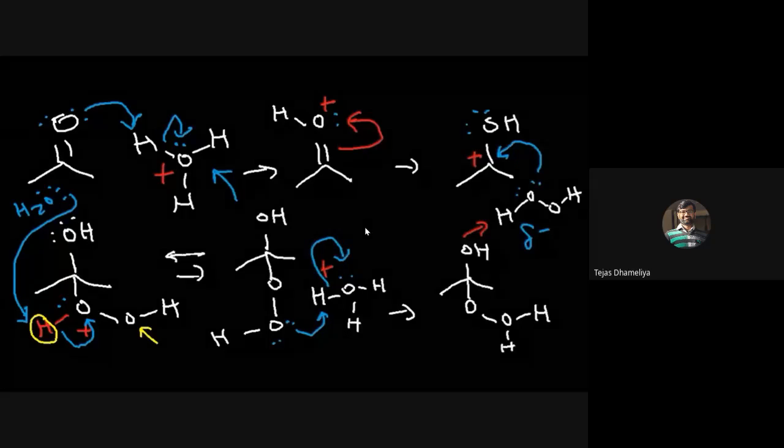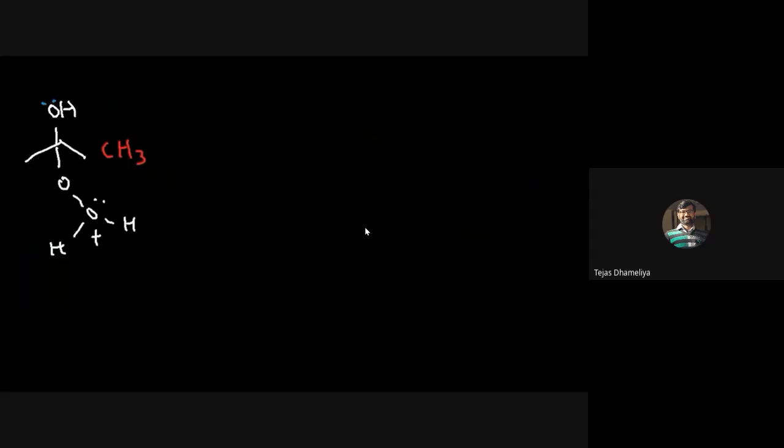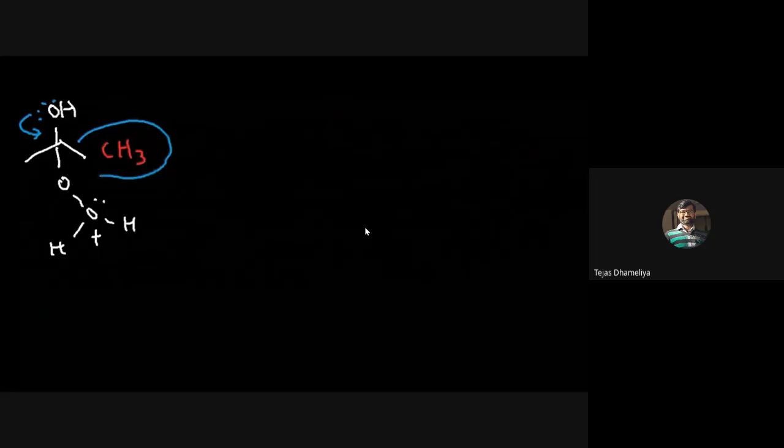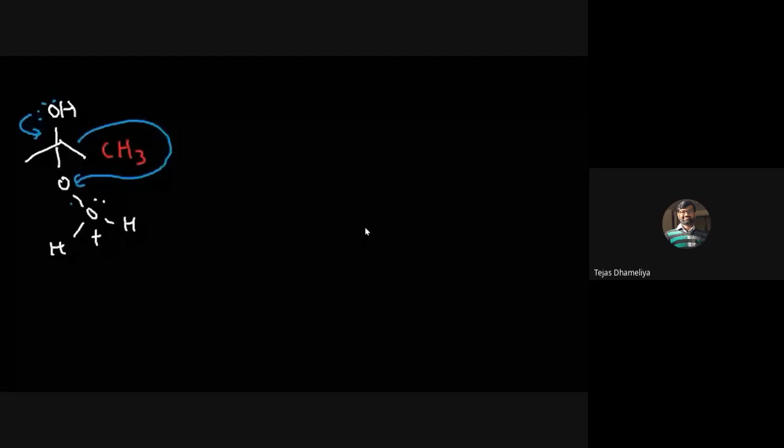So this way this reaction is there. And all the steps are basically to promote this migration of methyl group from carbonyl carbon to oxygen. When the oxygen lone pair comes back, the methyl will shift.